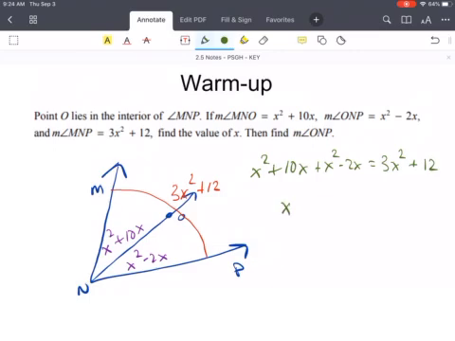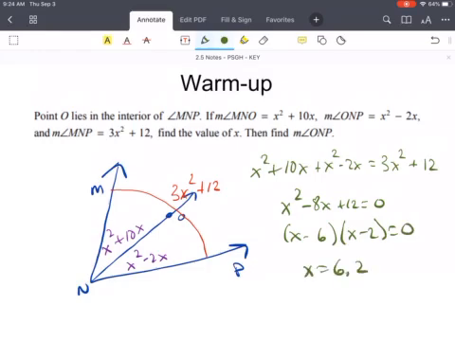And then when I bring everything to one side and set it equal to 0, I'm going to get two values for x.